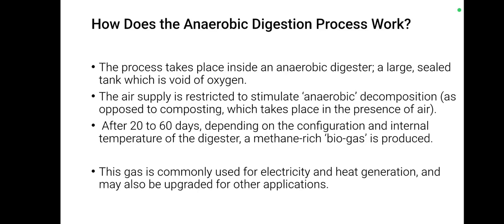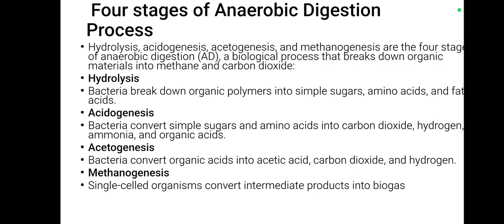This gas is commonly used for electricity and heat generation and may also be upgraded for other applications. The four stages of the anaerobic digestion process are hydrolysis, acidogenesis, acetogenesis and methanogenesis.